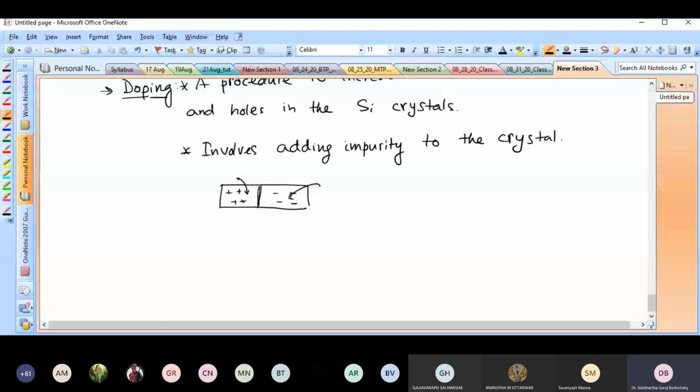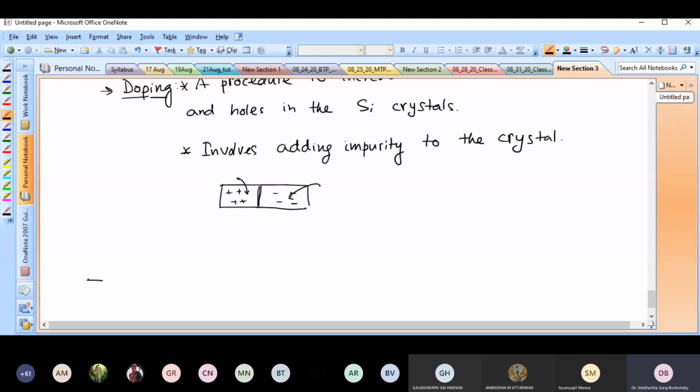We will talk about these things, but there are some other concepts before we move on to doping. The first thing to keep in mind is that in a pure crystal, if you apply thermal energy, holes and free electrons are created. The number of holes will equal the number of free electrons, because every time you create a free electron, you leave behind a hole.